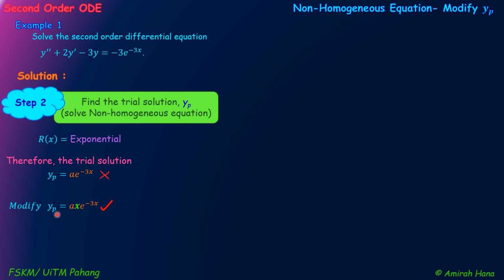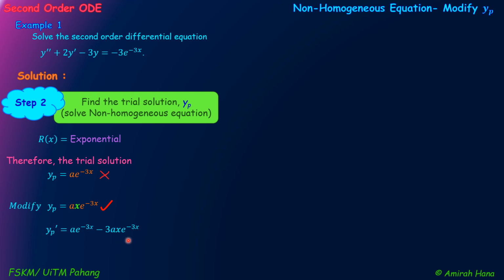So after we differentiate the modified yp, then we got yp prime equals ae to the power of negative 3x minus 3axe to the power of negative 3x. Okay, we differentiate using product rule, and after we simplify, we got this.